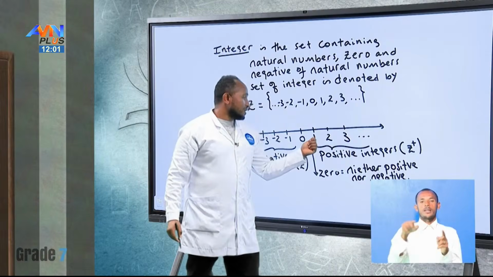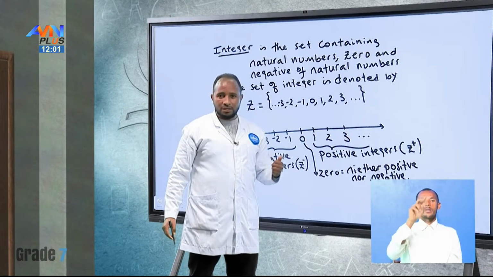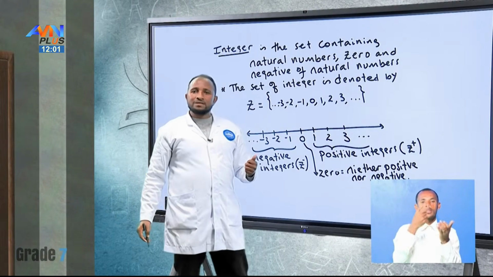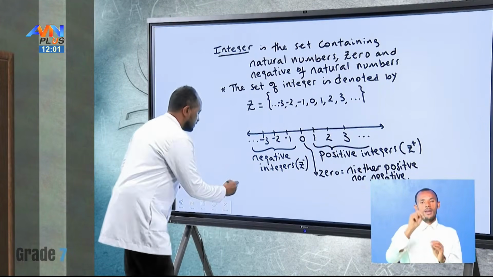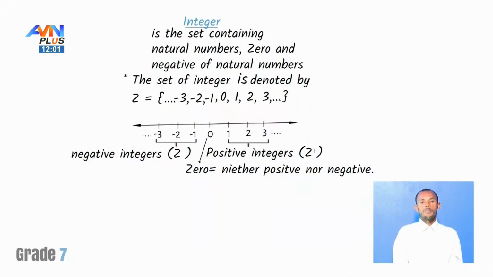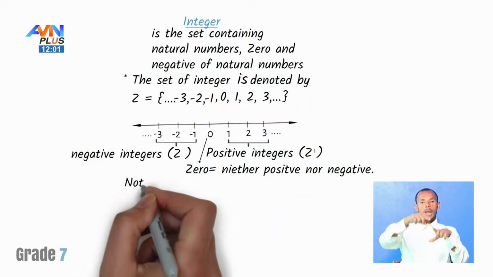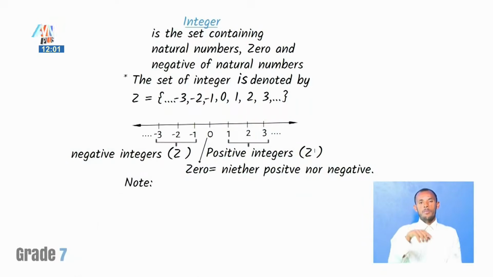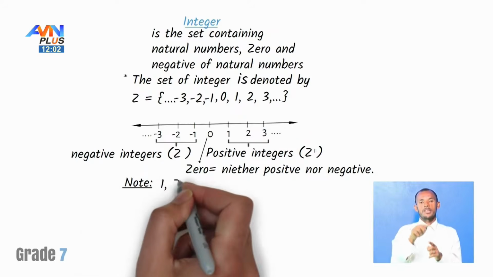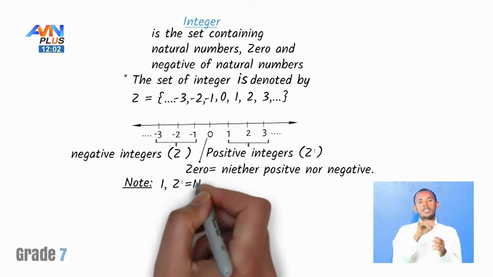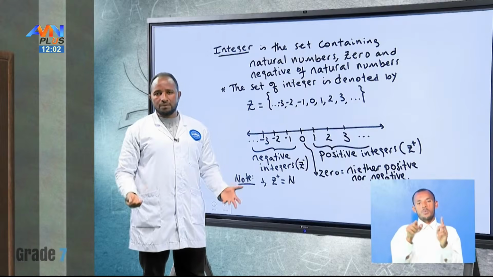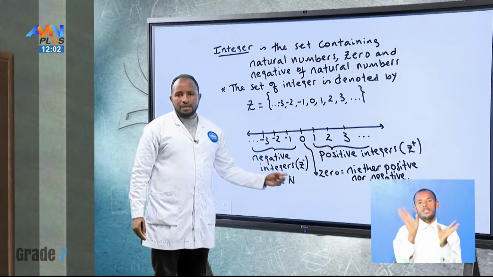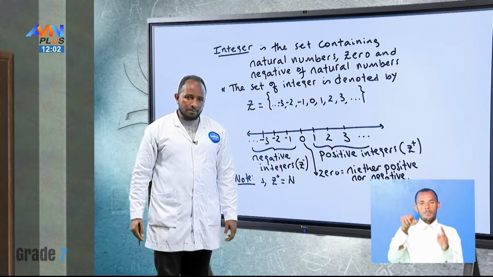This Z plus contains the numbers 1, 2, 3, so it is identical with the natural numbers. Note from the number line that the set of positive integers is the same as the natural numbers. The set of natural numbers contains 1, 2, 3, and the set of positive integers also contains the same numbers. Therefore, Z plus and N are the same.